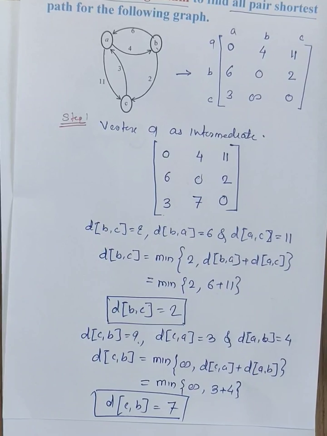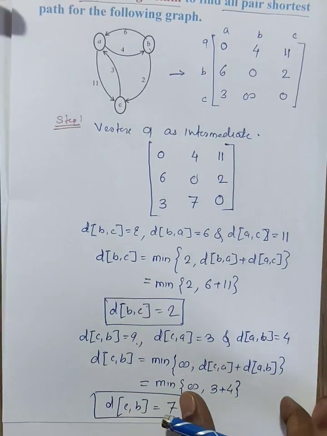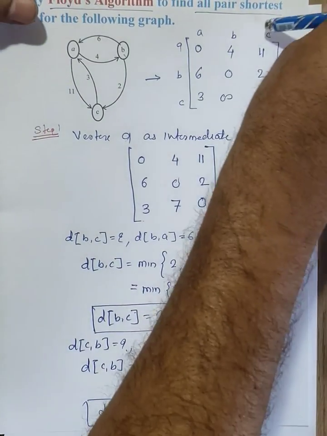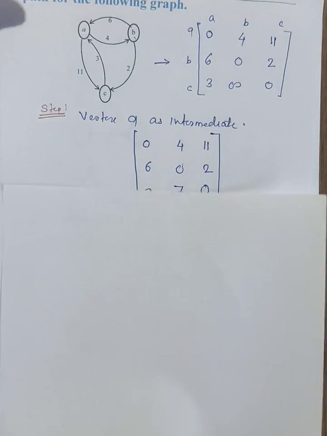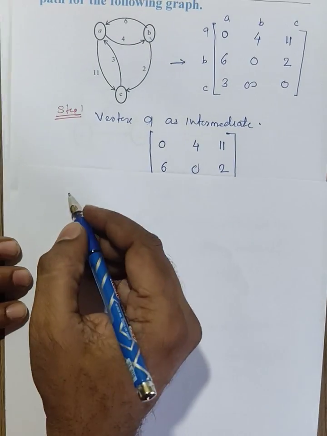This is step 1. Similarly, you can write step 2 and step 3. In step 2, the next vertex is an intermediate vertex. Next vertex A is over. Next, B as an intermediate vertex.